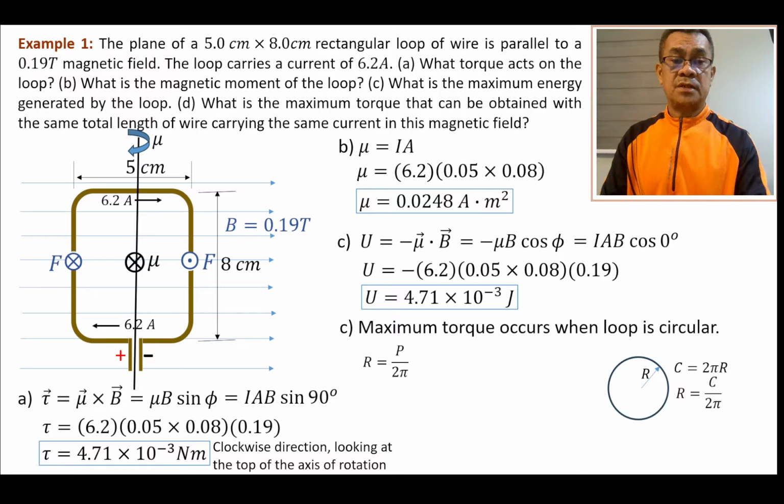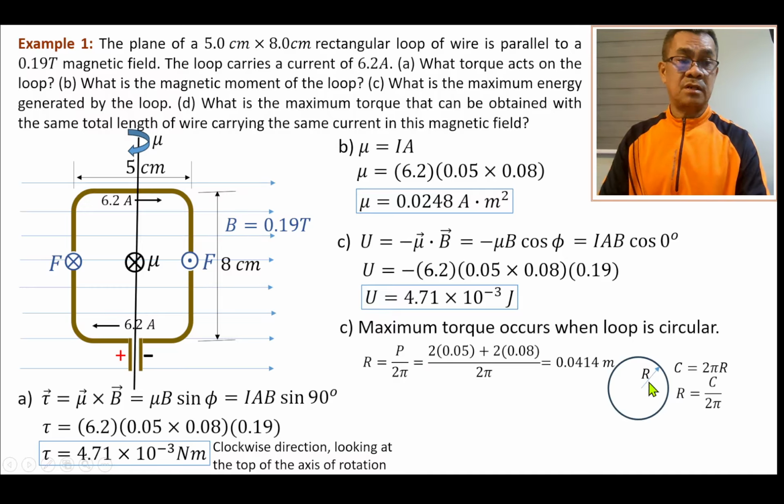In a rectangle, we have the perimeter, di ba? So this is now the C. Our C is the perimeter, which is 2 times 0.1. So therefore, simplify it. Then we have 0.0414. This is now the radius of the circle, converted from square to circle. So the equivalent radius is 0.0414.